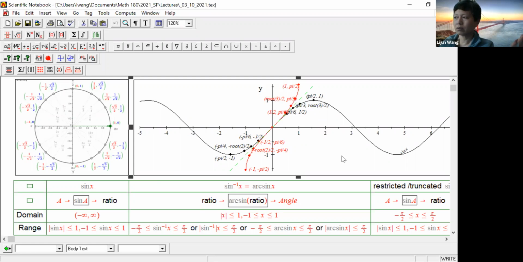On the sine curve, you can see pi over 6, that's the input. The output is a ratio. Pi over 3, the output is √3 over 2. Pi over 2, the ratio is 1. And on the other side, when the input is negative pi over 6, the output is negative half.